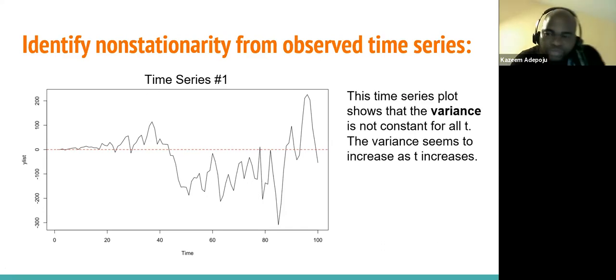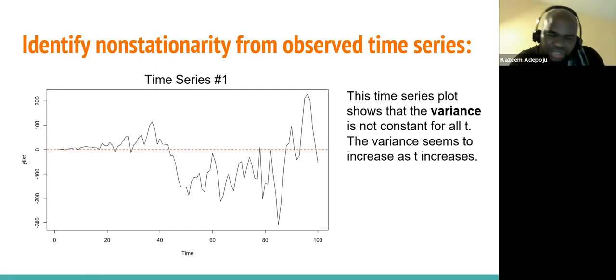If you take a look at this time plot right now, you're going to see that the variance is not constant for all t. Look at the way it is dispersed right here, and here. So at different values of t, the way the data set is dispersed varies.